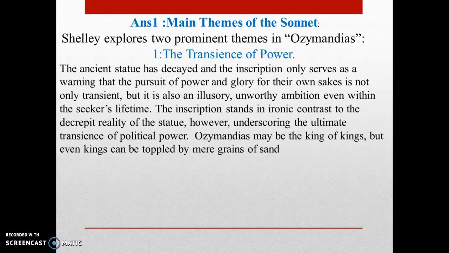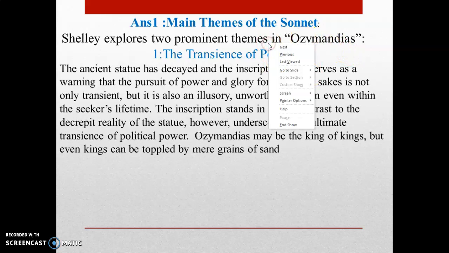The ancient statue has decayed, and the inscription only served as a warning that the pursuit of power and glory for their own sake is not only transient, but also an illusory, unworthy ambition, even within the seeker's lifetime. The inscription stands in ironic contrast to the decrepit reality of the statue, underscoring the ultimate transience of political power.